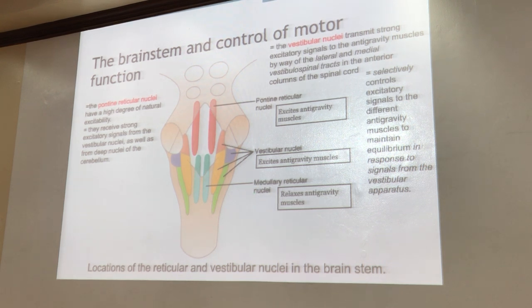Ano ba yung mga anti-gravity muscles nyo? That would be the muscles, yung nandito sa center, paraspinal muscles, anything that will support the body against gravity. Makes you stand. Okay? This one would be important for that particular function. Okay?